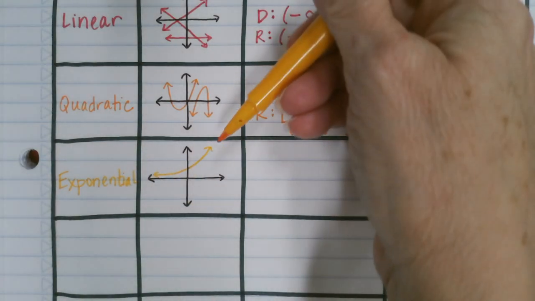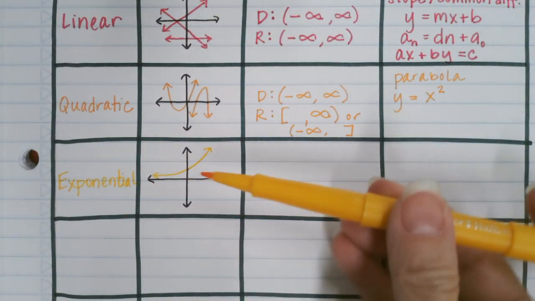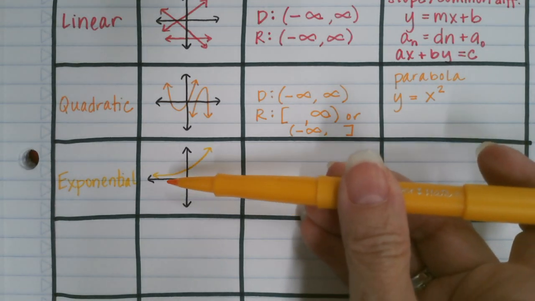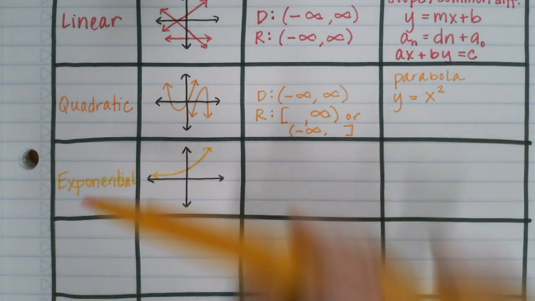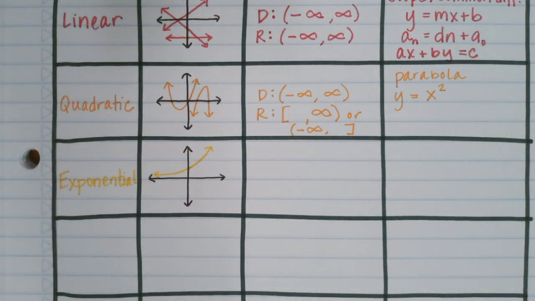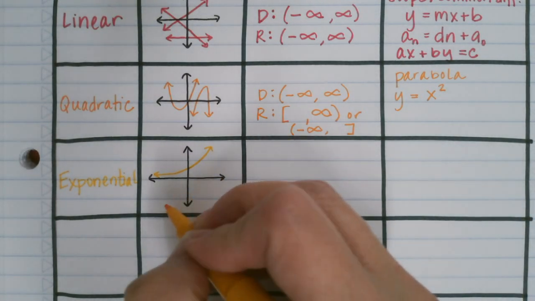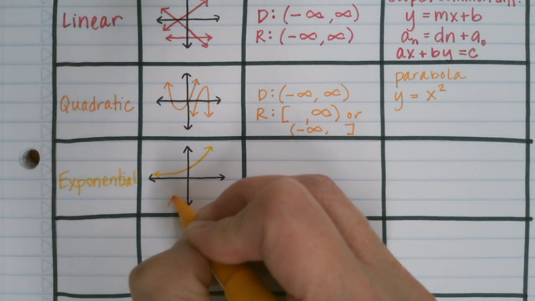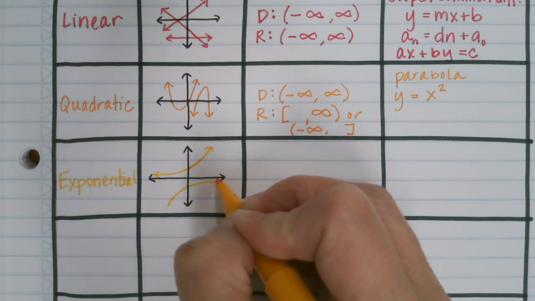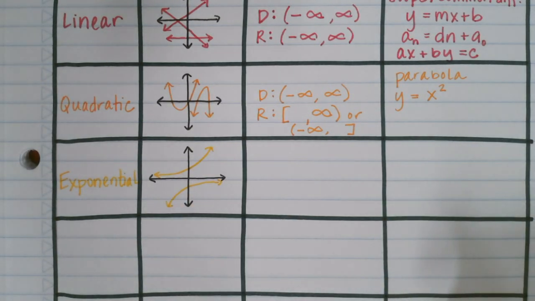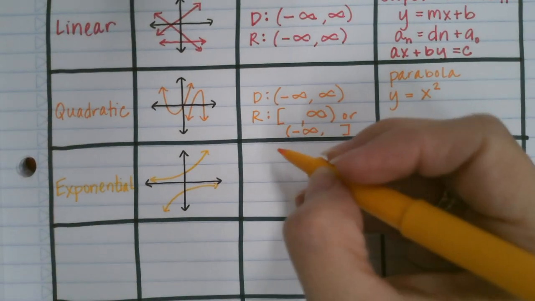So it's going to come down and flatten. It's not actually ever going to go straight, but it's going to flatten out here while it continues to go up that direction. It could also look something like where it comes up and flattens out that way. So either one of those would be examples of exponential functions.